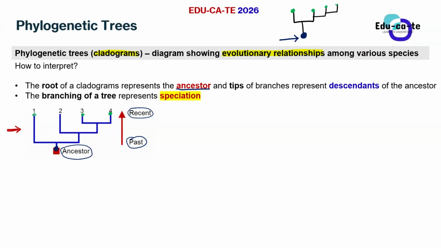So for example, in this particular case, you can see that we've got descendant number 1, descendant number 2, descendant number 3, descendant number 4. What are descendants? These are the organisms that come from the ancestors. All of them come from the ancestor, or are bred by the common ancestor. So for them to exist, the common ancestor had to be there.